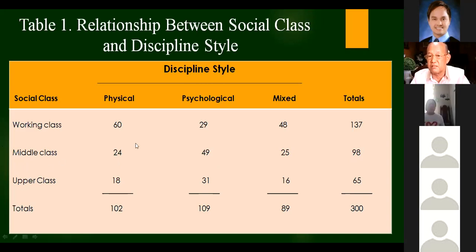In terms of discipline style, out of 300, 102 parents make use of the physical discipline style, 109 used psychological discipline style, and 89 used the mixed method. So that's where we derive these figures.